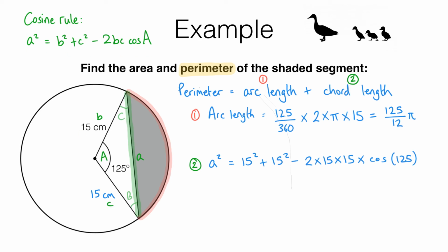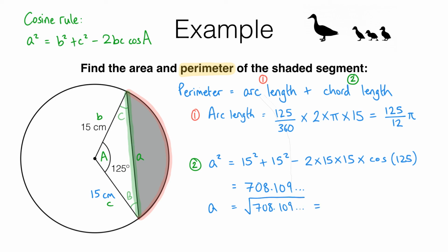Substituting all of that into my calculator, I get an answer of 708.109 with more decimal places. Now, that is not my final answer. That is a squared. To find a, I need to work out the square root of 708.109.